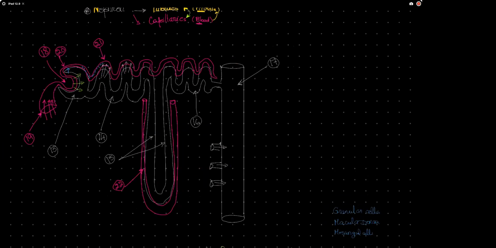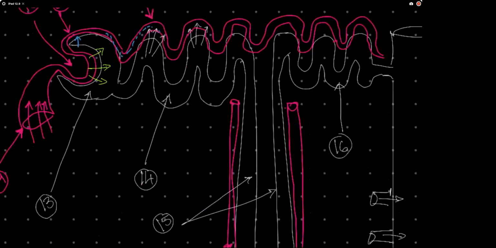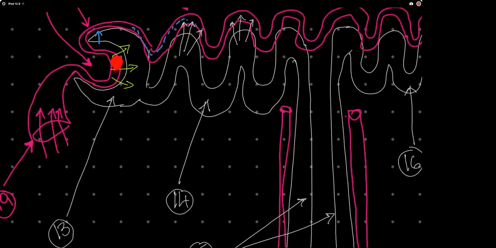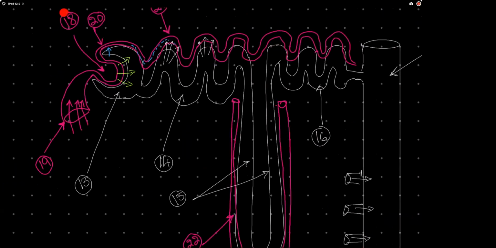Running parallel to them are tufts of capillaries. We have three famous ones on here. The tuft of capillaries located inside this cup-shaped tube. This is going to be number 18.